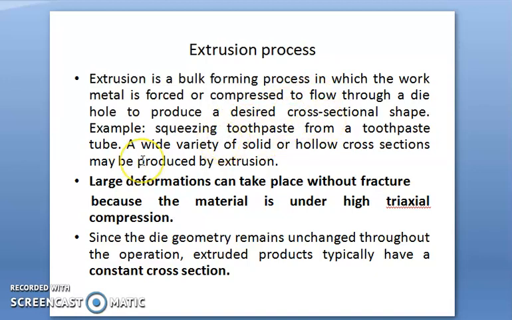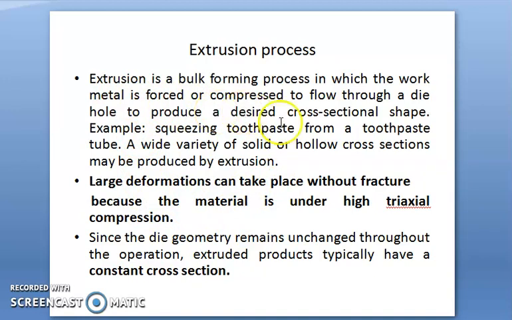A simple example of this extrusion process is squeezing toothpaste from a toothpaste tube early in the morning. A wide variety of solid or hollow cross sections may be produced by using the extrusion process. This is the definition of extrusion process.